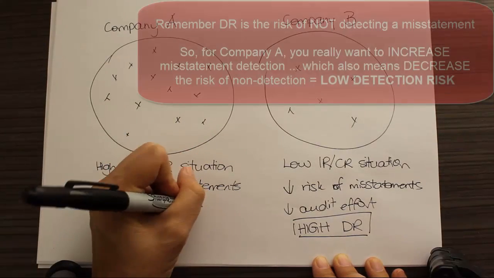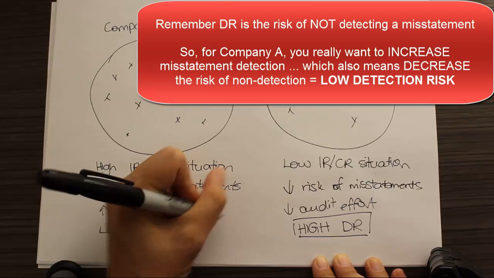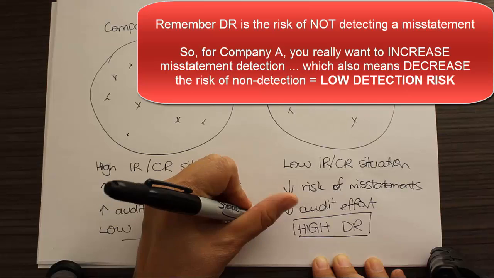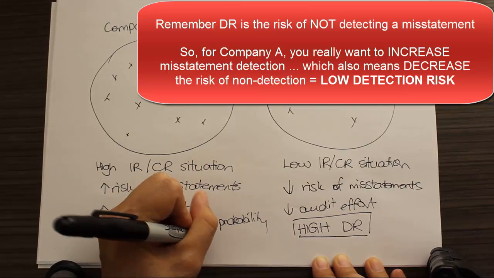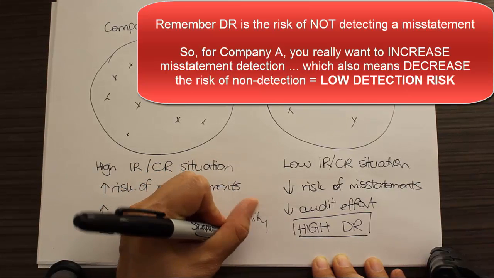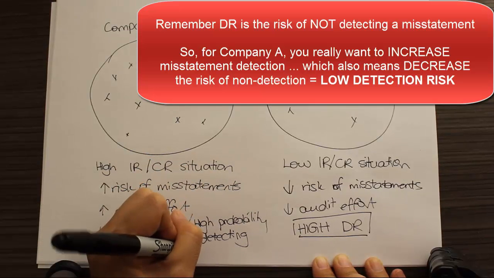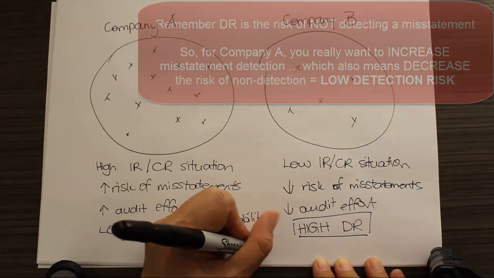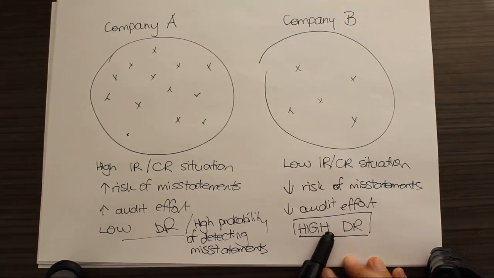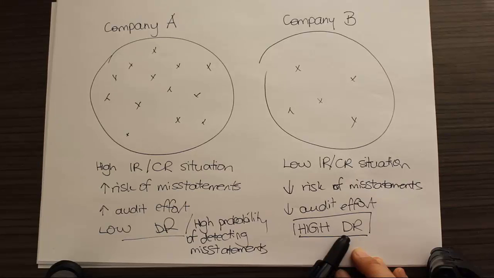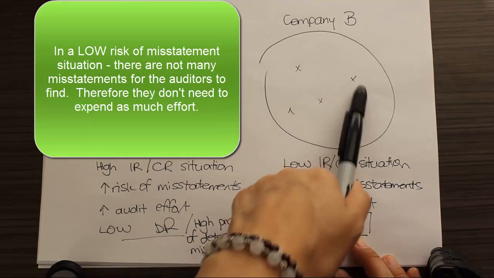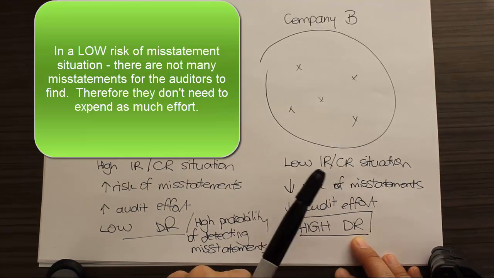Low detection risk also means high probability of detecting misstatements, whereas high detection risk means low probability of not detecting any misstatements. But there's only here 5 errors to identify.